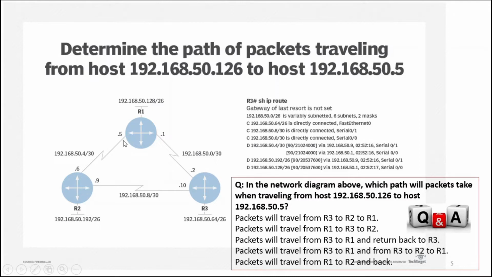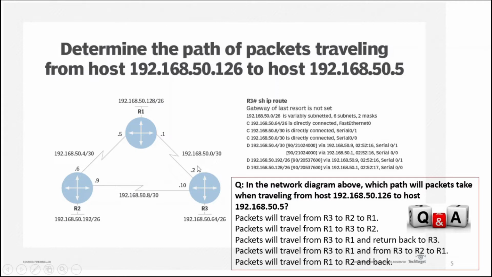Let us look at the routing table by the command show ip route. Here show ip route shows the connected paths, the directly connected interfaces, which are denoted by C. There are 3 connections for R3, 1, 2, 3 directly connected interfaces, and another 3 here, D, for OSPF.